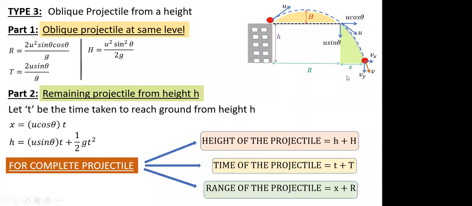Yeah, if it's done, I just want the understanding part, nothing else. Whenever you look at a projectile in your brain, two things can easily work. One is the complete projectile at the same level, and the remaining part you can solve by your basic understanding of horizontal and vertical.